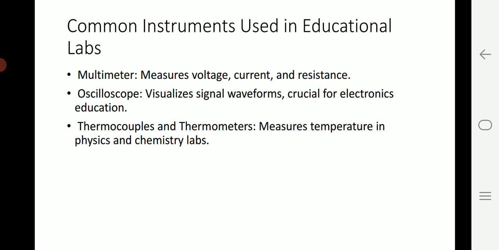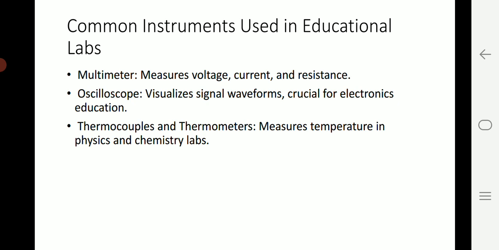Common instruments used in educational labs: multimeter, measuring voltage, current, and resistance; oscilloscope, to visualize signal waveforms, crucial for electronics education. So this is most important. The oscilloscope displays the input and output signals, showing how the signal flows.